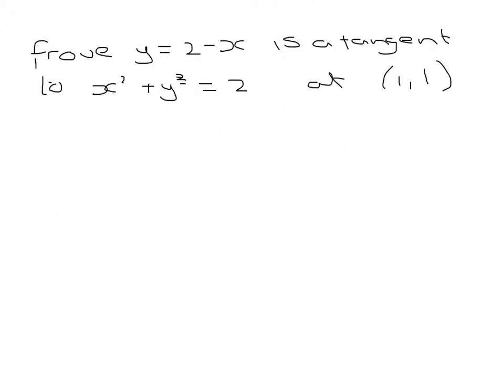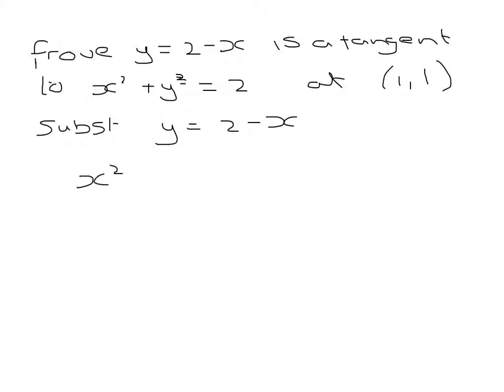In this example, we're asked to prove that y equals 2 minus x is a tangent to the circle x squared plus y squared equals 2 at the point 1, 1. So what we're going to do is substitute y equals 2 minus x into the equation of the circle.